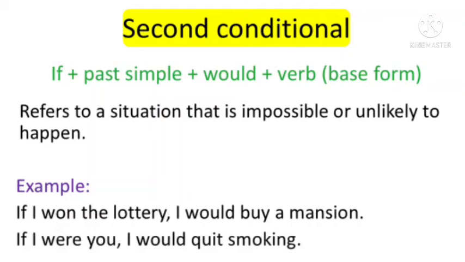And it refers to a situation that is impossible or unlikely to happen. Okay, examples are given here. The first example is, if I won the lottery, I would buy a mansion. And one more example, if I were you, I would quit smoking. These are the examples for second conditional.